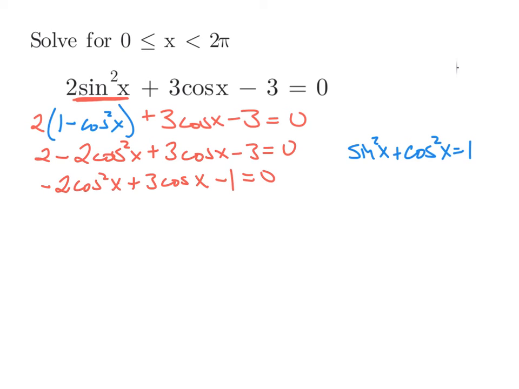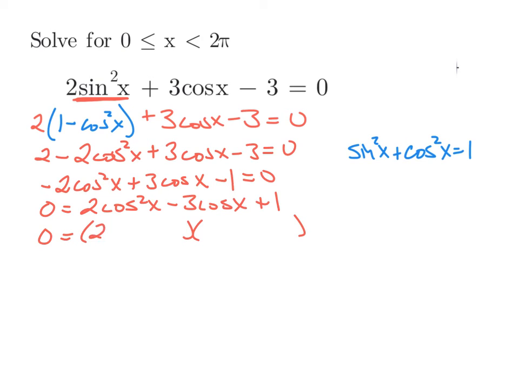Now, I don't know about you, but I hate dealing with a negative leading coefficient. So what I'm going to do is take everything, bring it over to the other side. So that would mean I would have to add 2 cosine squared, subtract 3 cosine, and add 1. Now I have something that I can go ahead and try and factor.